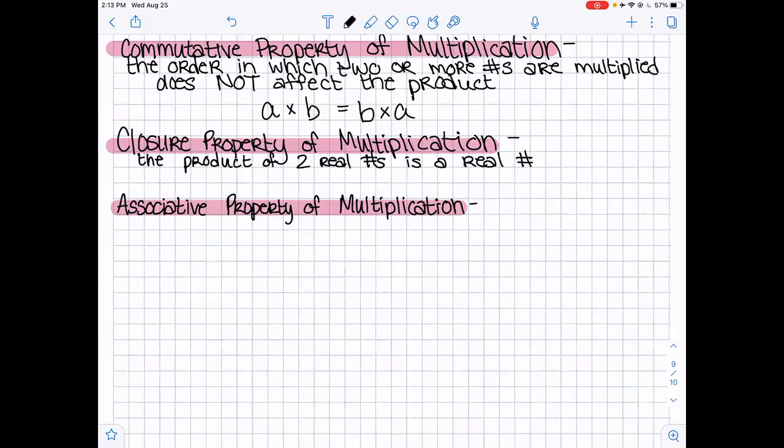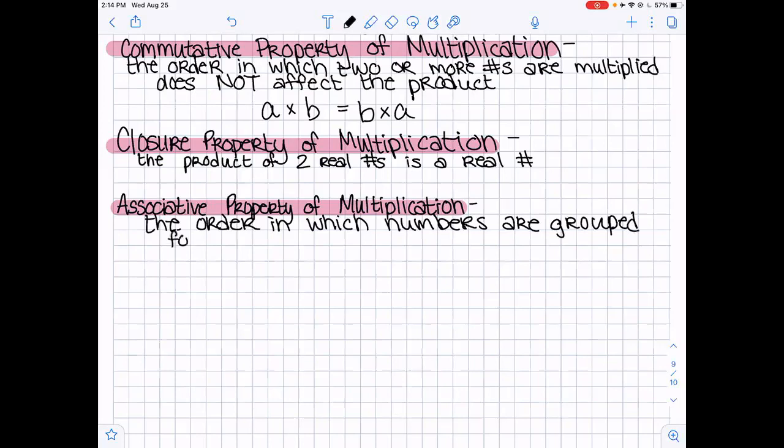Okay, so the order in which numbers are grouped for multiplication does not affect the sum.